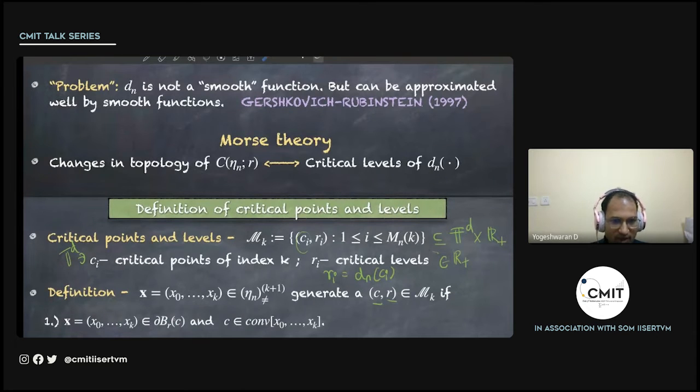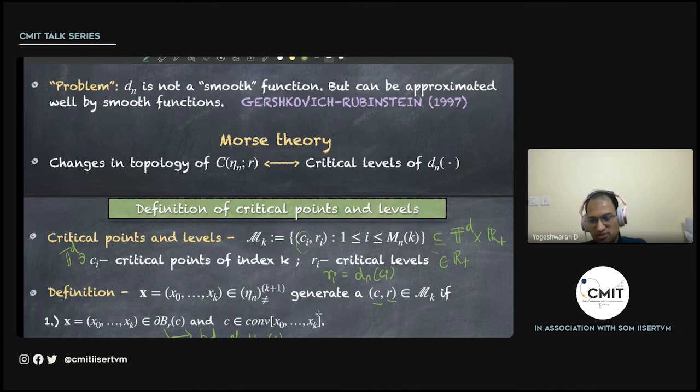First, the points lie on the boundary of a ball of radius R at C. That is, I take a ball of radius R centered at C, and all these points should lie on the boundary, and C should be in the convex hull of those k plus 1 points. Both are important.